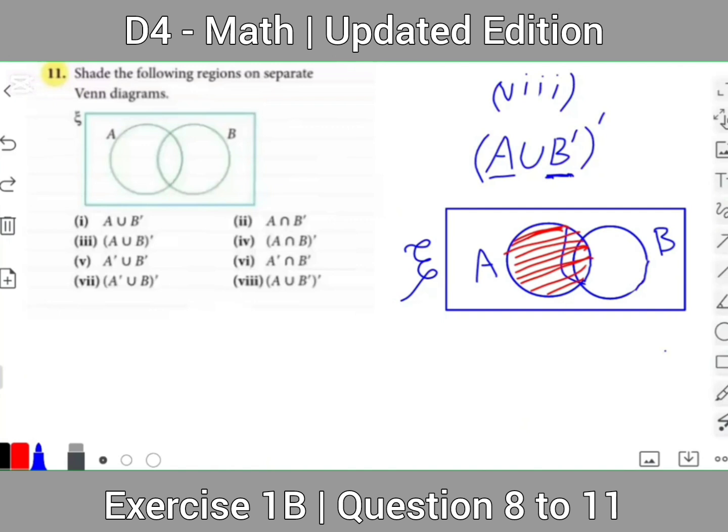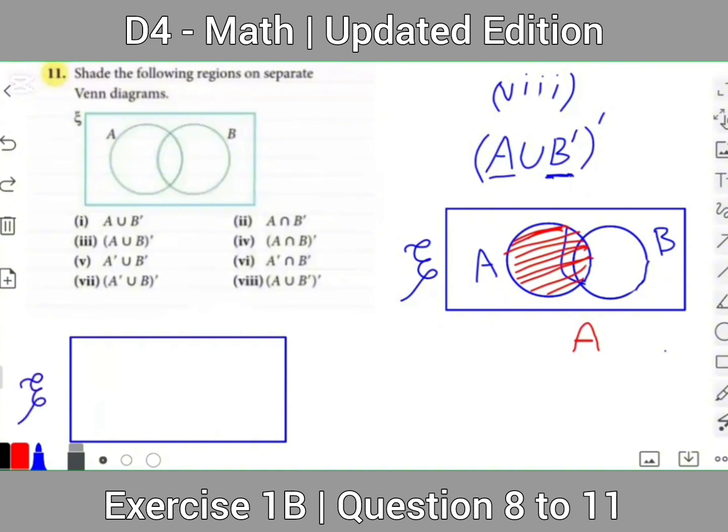This represents the set A. Now for the set B complement, we will draw another rectangle that represents the universal set eta.